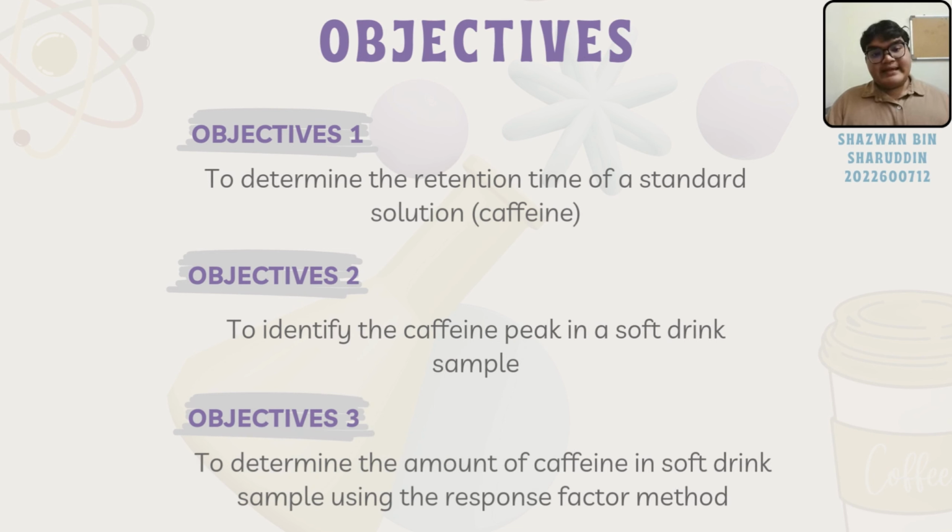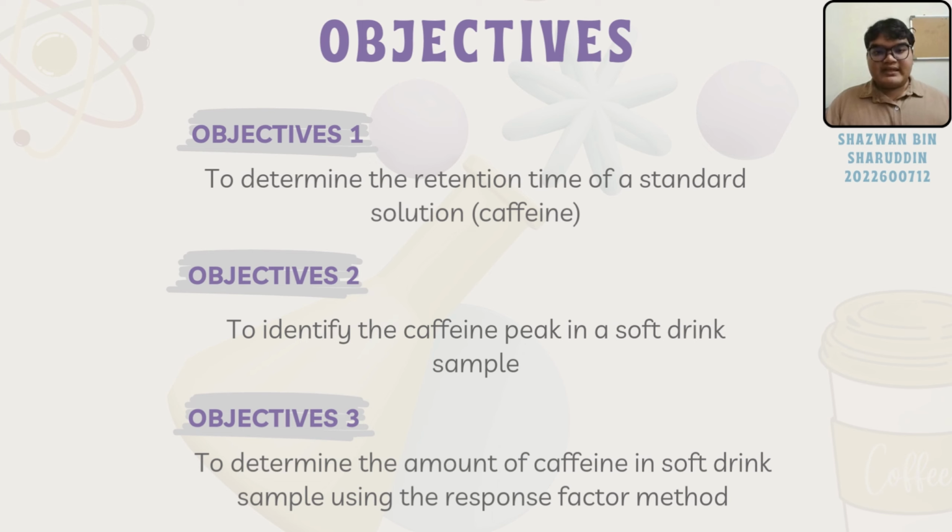Next, in this case study, there are 3 different objectives involved. The first objective is to determine the retention time of standard caffeine solutions, providing a benchmark for further analysis. Next, the second objective is to identify the caffeine peak in a soft drink sample utilizing high-performance liquid chromatography, or well known as HPLC.